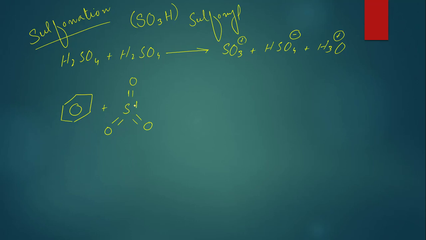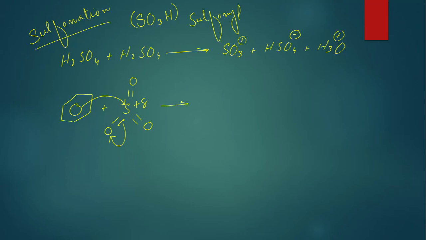That is why the sulfur becomes more positive. So it will react here, and the electrons of one of the pi bonds will move here. Like you can move any one of them, there are 3 possible bonds.